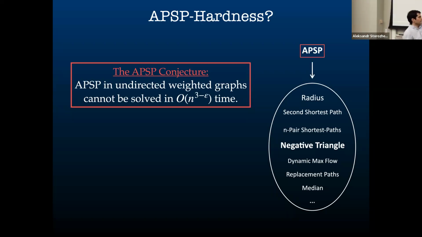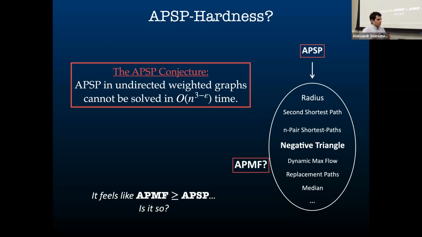And it's a conjecture that has led to a lot of graph problems being shown to be at least as hard as APSP, in the sense that they cannot be solved in subcubic time unless APSP can. So all we have to do is put APMF in this class. So that's kind of the question we were investigating.